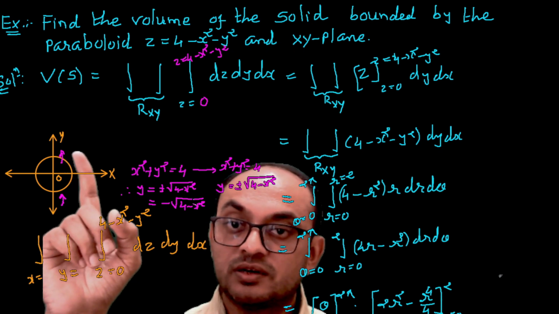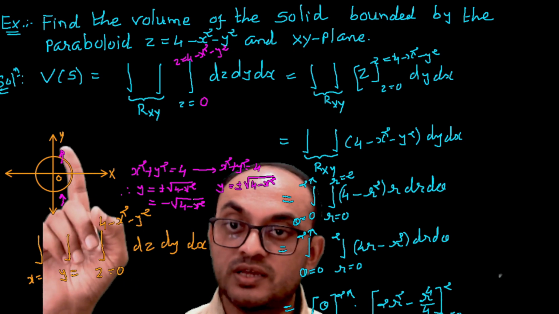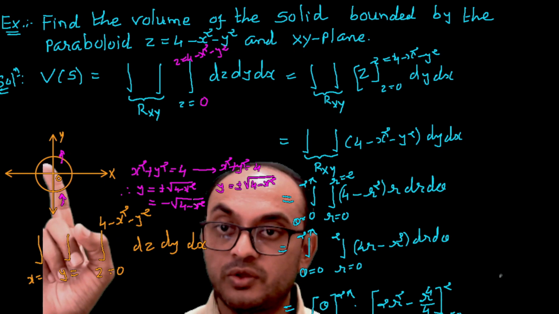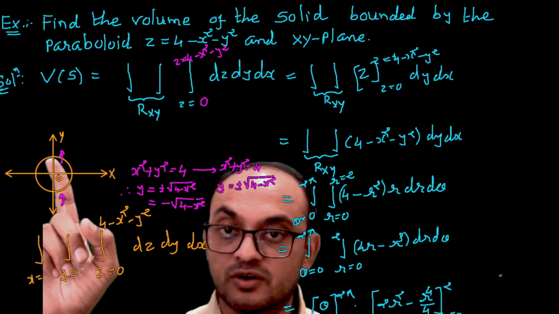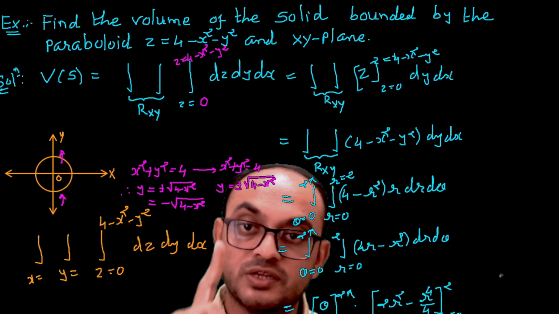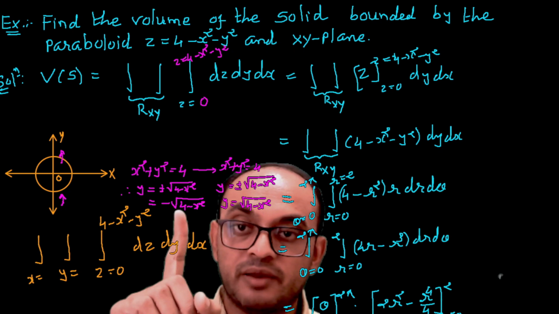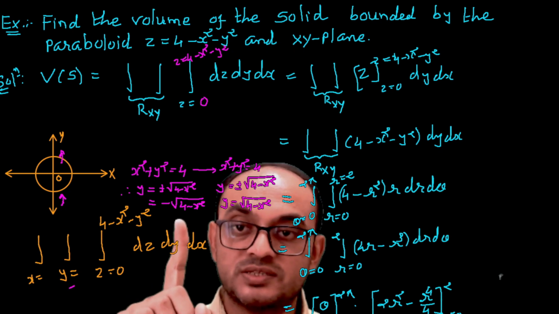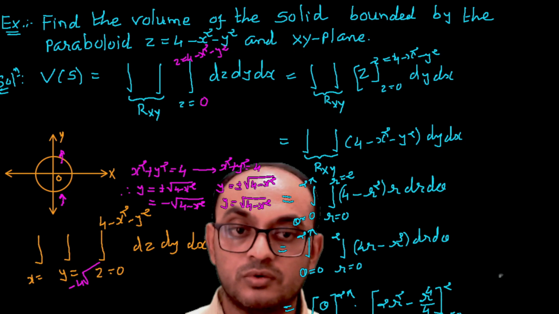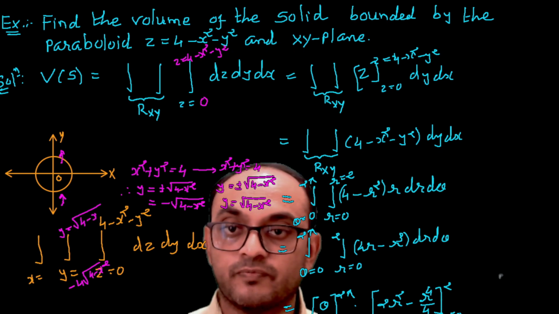We exit in the first quadrant, where y is positive. Or you exit from this side, this is the second quadrant. So this is the portion where y is positive, and so I choose y equal to plus under root 4 minus x square. So my entry becomes the lower limit y equal to minus under root 4 minus x square, to y equal to under root 4 minus x square.